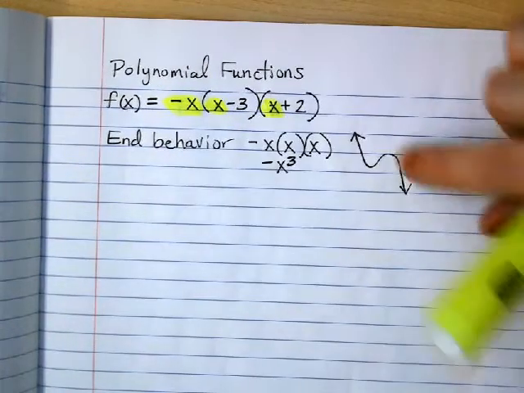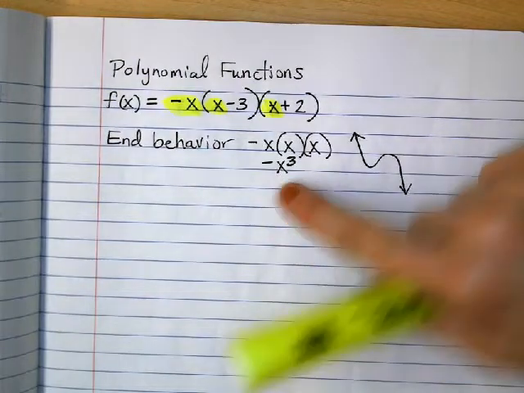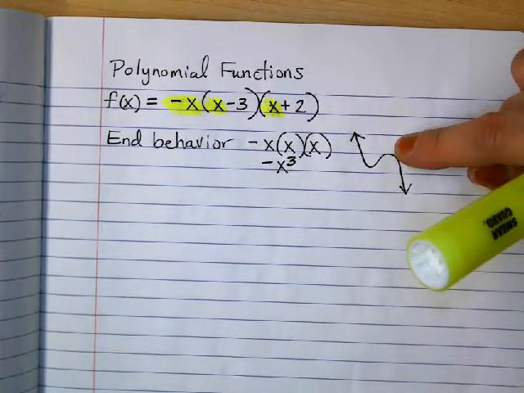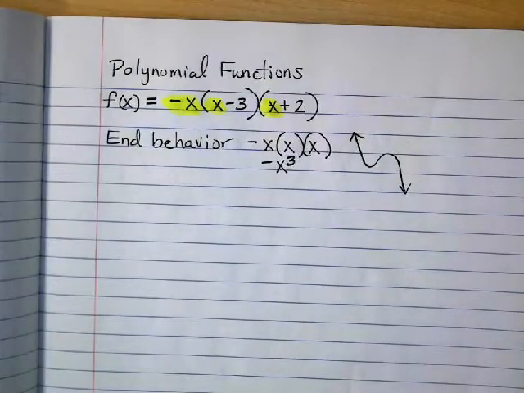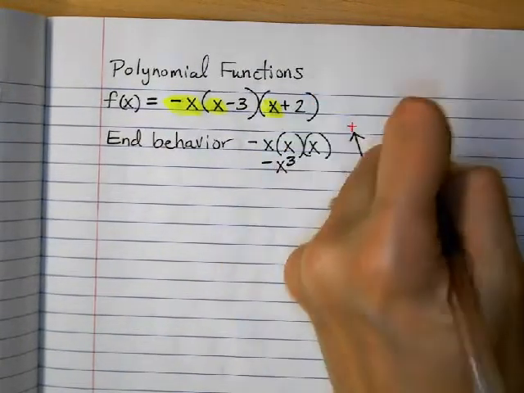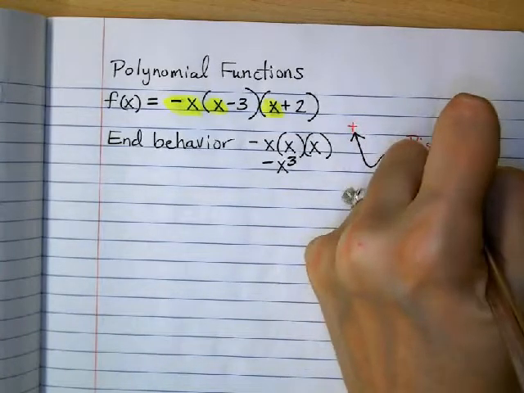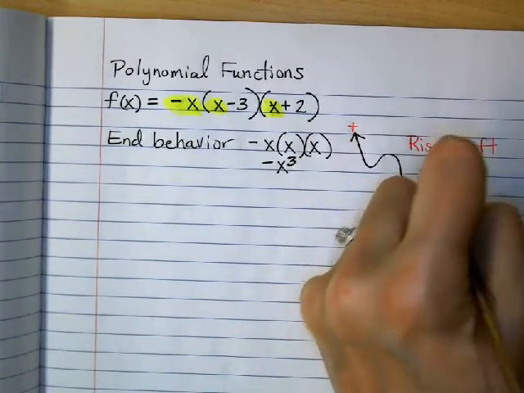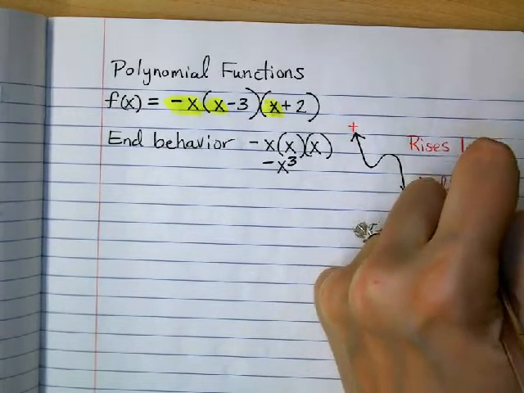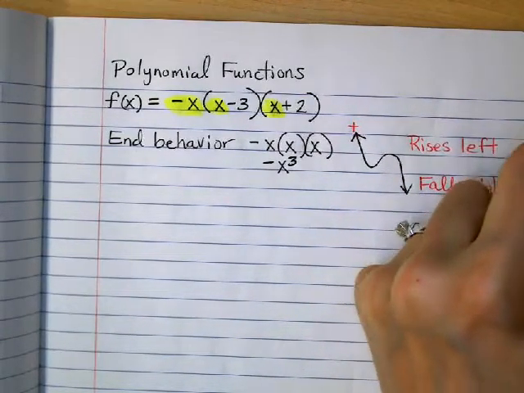Good job. It'd be like this. If it's negative x to the third, it's the opposite of the one on the board, where the first arrow is pointing up. So this arrow is pointing up, so they would say it rises on the left side, and it falls on the right.